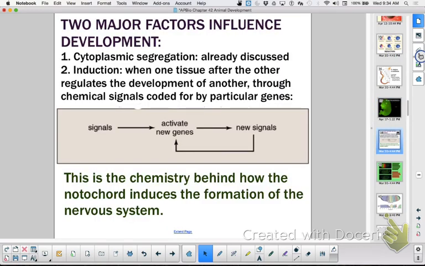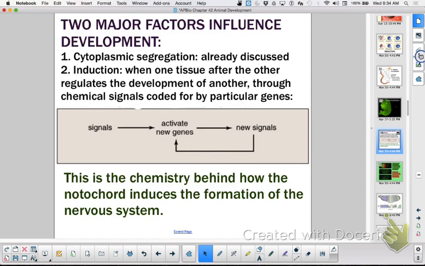Okay, so what influences development? We already talked about cytoplasmic segregation, those maternal determinants. What's in the cytoplasm of the cells is different, so it's going to influence the DNA. Induction we've already talked about, when one tissue influences another. Because what's in the cytoplasm is different, it's influencing certain genes.